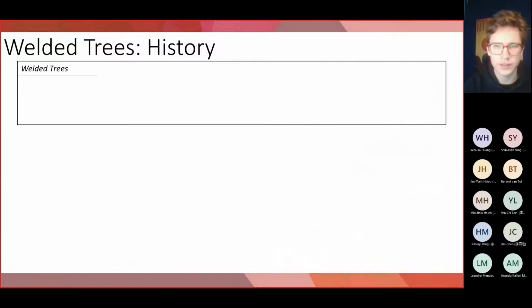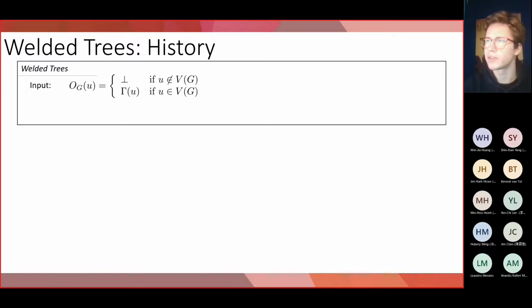So welded trees is a different problem. Our input is an oracle, and we can query strings, and it will either tell us that the current string is not a valid vertex, or it will give us the neighbors of the current vertex. This capital gamma denotes the neighbors of the current vertex u.